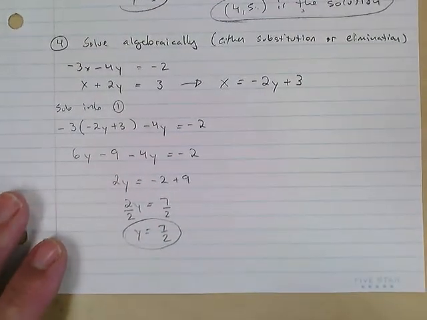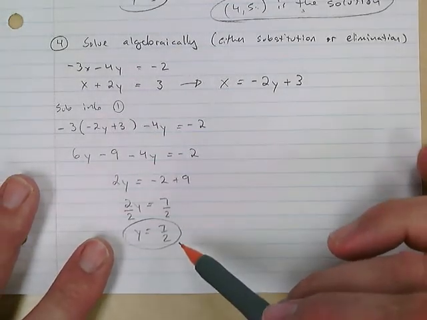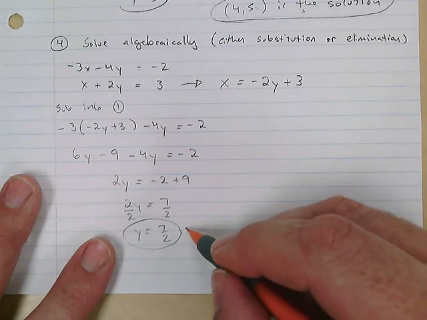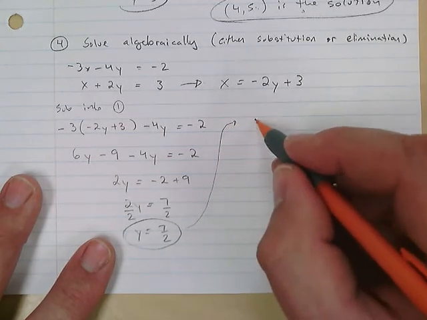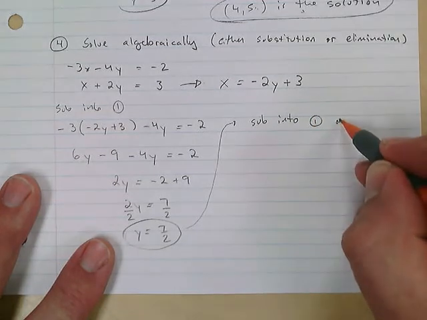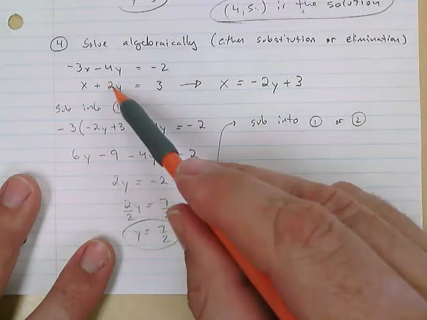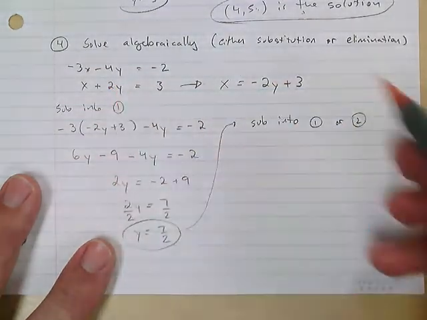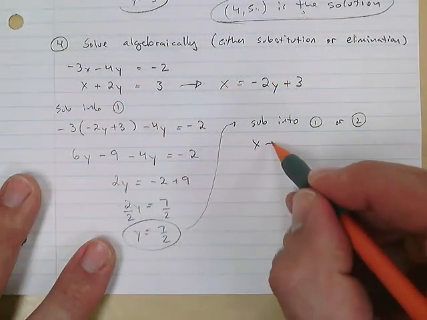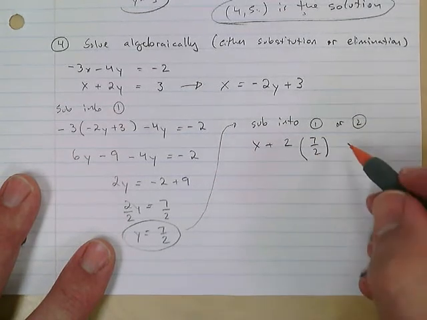Okay. Now you got to find x, right? So what I'm going to do, I'm going to follow an arrow, sub into 1 or 2. Can do either one. I'm going to plug it into the second one because it's easier for me to work with. So x plus 2 and y is 7 over 2 now, right?